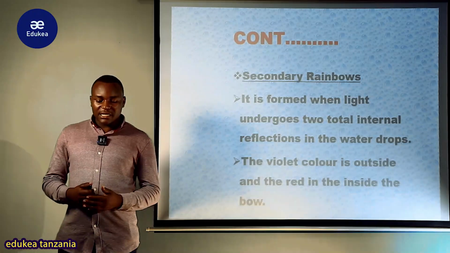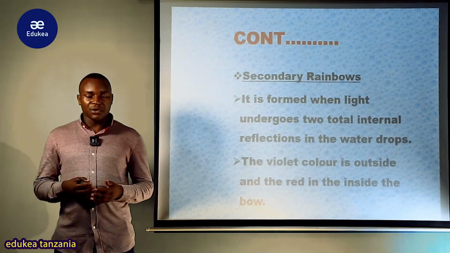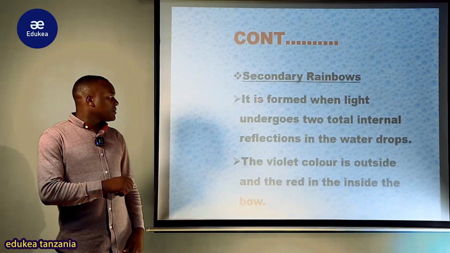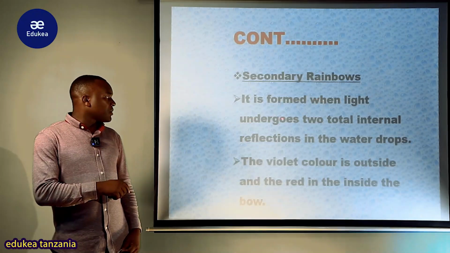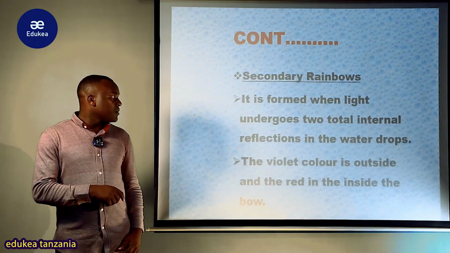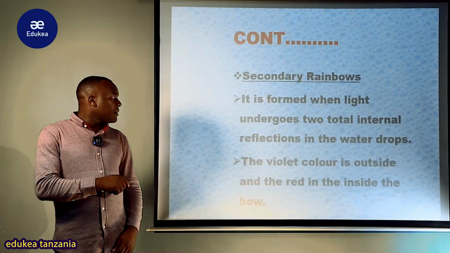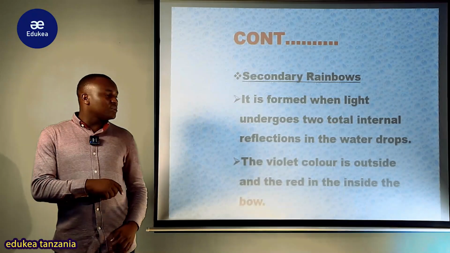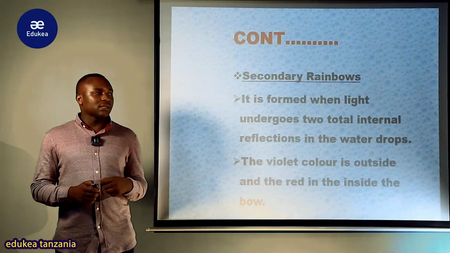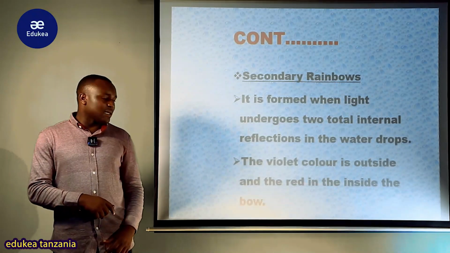And after that let's look at the secondary rainbow. When someone talks about a secondary rainbow, what does it mean? We say that a secondary rainbow is formed when light undergoes two total internal reflections in the water drop. The violet color is outside and the red color is inside.